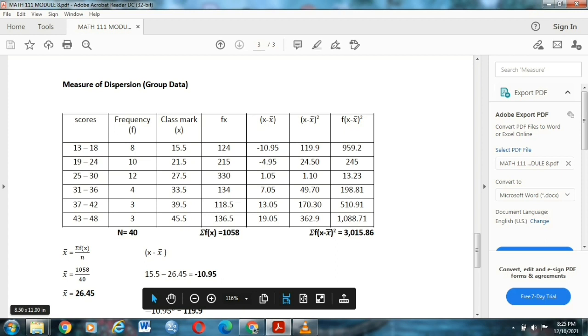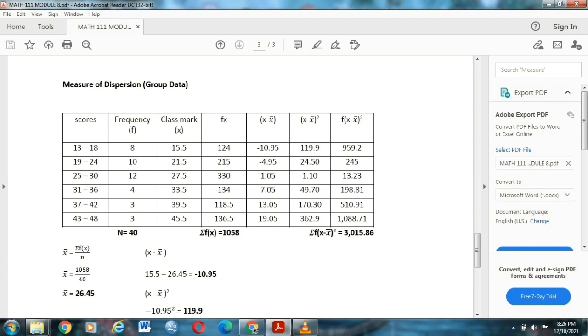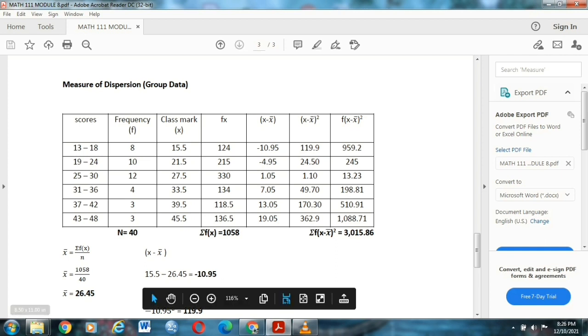Okay? So, ang gagawin lang natin, i-minus natin yung itong x, itong class mark, doon sa mean na nakuha natin. So, 15.5 minus 26.45 is negative 10.95. Sunod, 10 minus 26.45 ay negative 4.95. Sunod, 27.5 minus 26.45 is equal to 1.05.